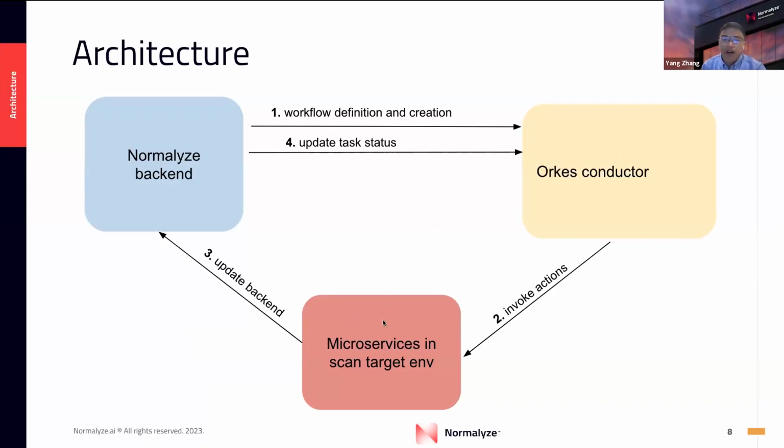Usually for us, we mostly use an HTTP task or a Lambda task. So once the task is complete, it's going to call an API at our normalized backend to handle the results. And then our backend is going to update Conductor, saying, okay, this task is complete or this workflow is complete. So Conductor knows it's done and we can move to the next step.